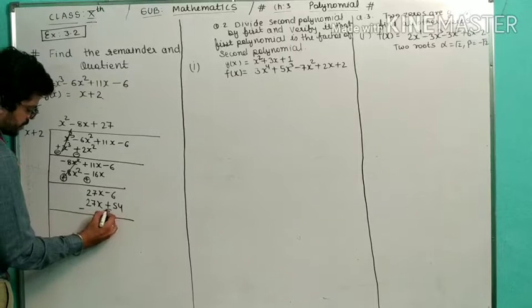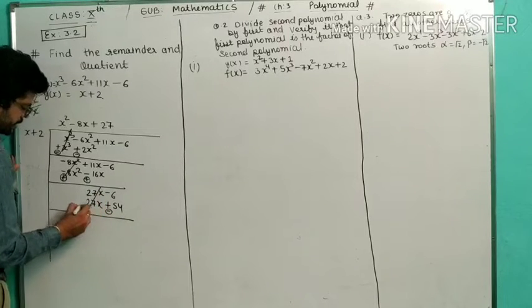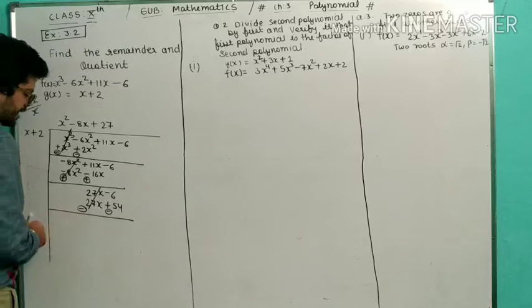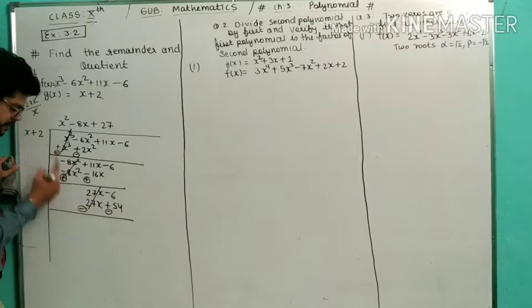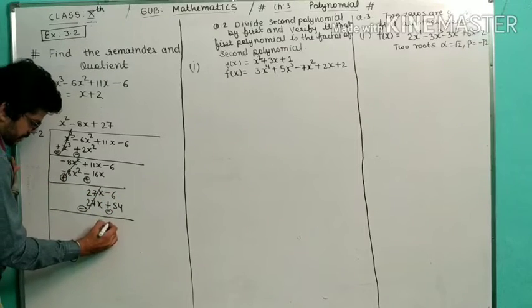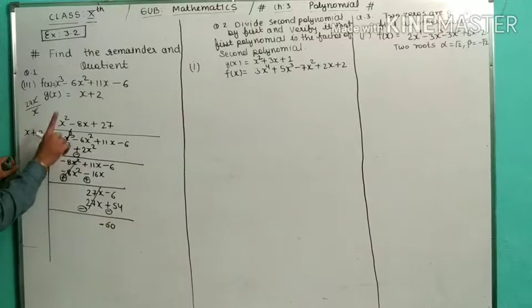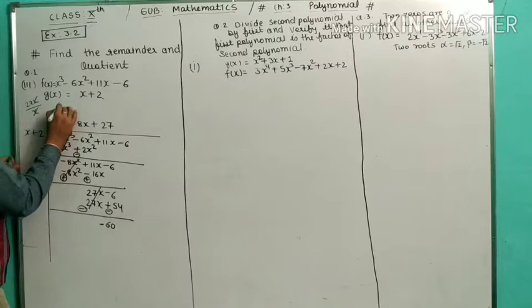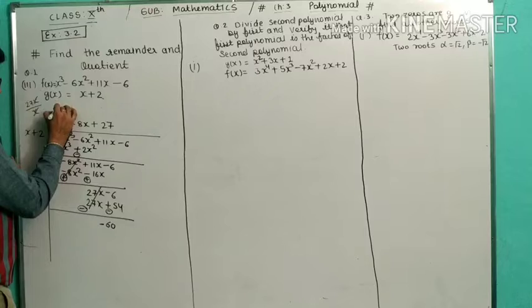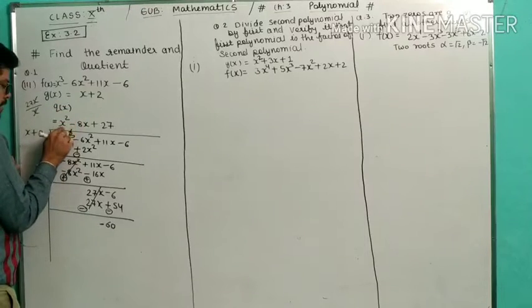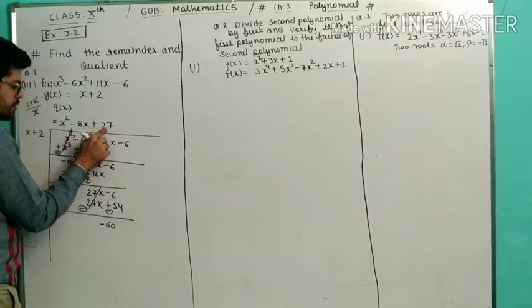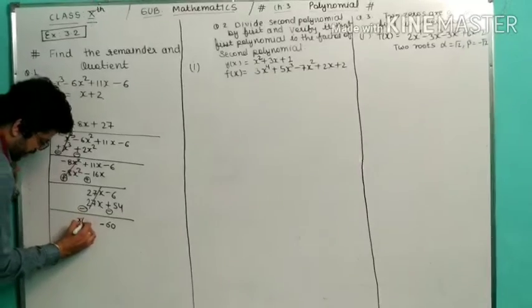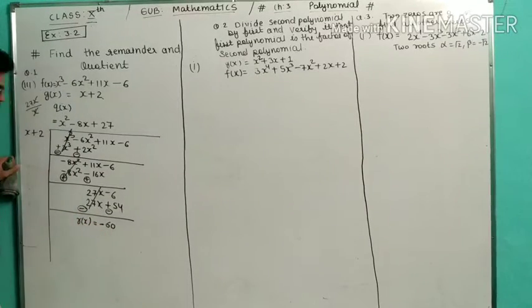The sign is changed, positive and negative cancel, and the answer is minus 60. So we got it: our quotient is x square minus 8x plus 27, and our remainder is minus 60.